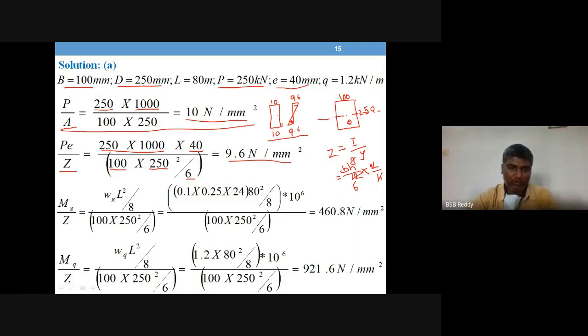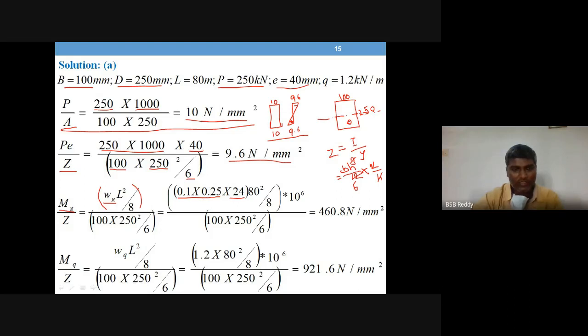Coming to dead loads and live loads. Take the dead load value. Bending moment at center, you are talking about the central cross section, because of UDL is WL square by 8. What is W? The dead load value is not given, but you have to calculate it. Just multiply the cross section and the gamma value, and that will give you the dead load value.